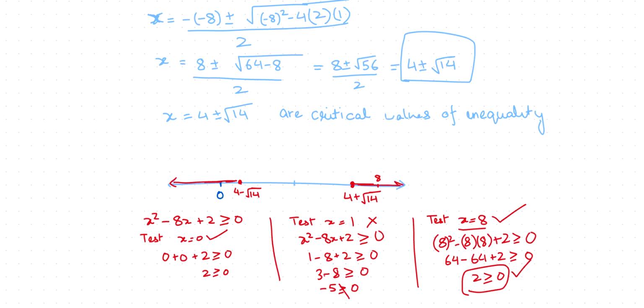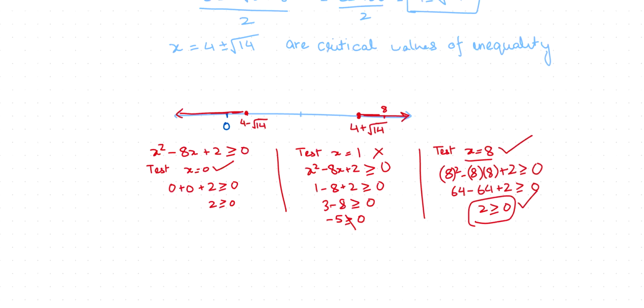So the solution is x less than or equal to 4 minus root 14, and x greater than or equal to 4 plus square root 14. We can use this equation to check it, or we can use the original equation.